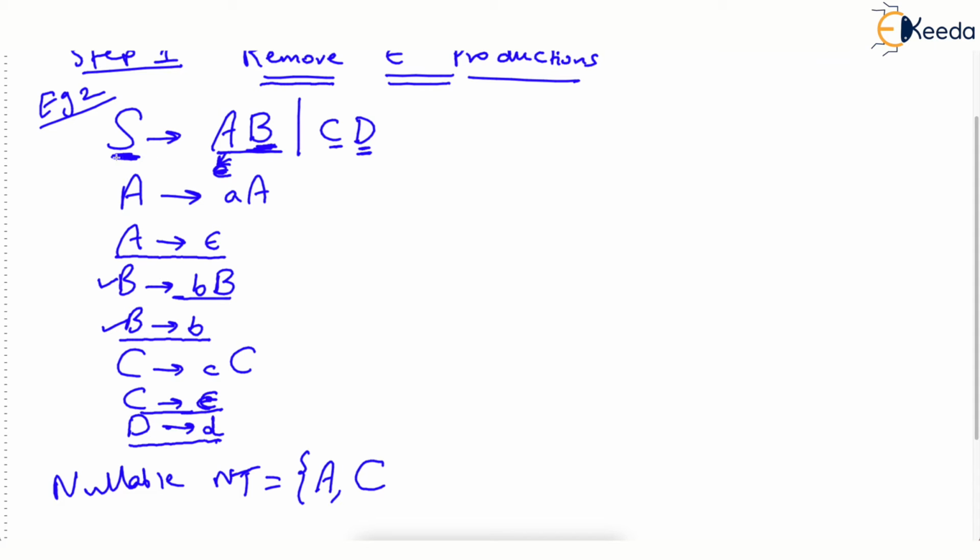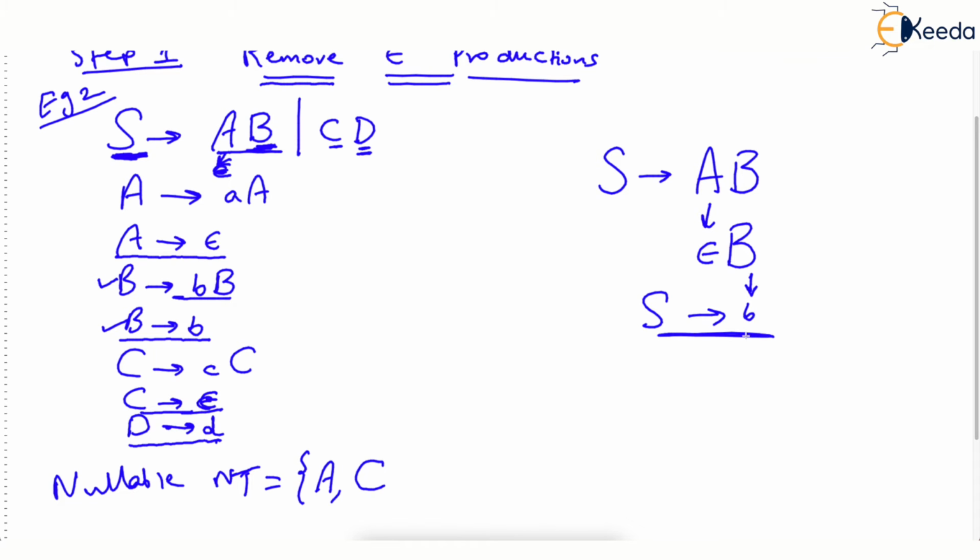So this S, if you start producing something from S derives AB. If you use this production, A can give epsilon followed by B, and B can give at least b. So S will never give an epsilon as an empty string. Similarly, if you use the production S derives CD, which is another alternate production that you can use, you know that C can give epsilon.